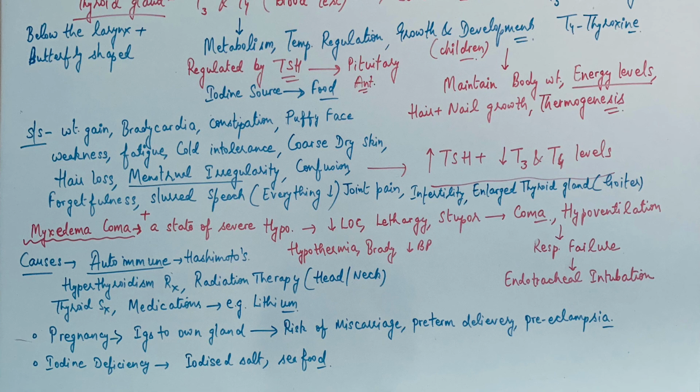In that case, the radiation therapy can damage the thyroid gland, and if the thyroid gland is damaged, it can lead to under-secretion of T3 and T4. Plus, any surgery of the thyroid gland in which part of the gland is removed can also lead to decreased levels of T3 and T4.